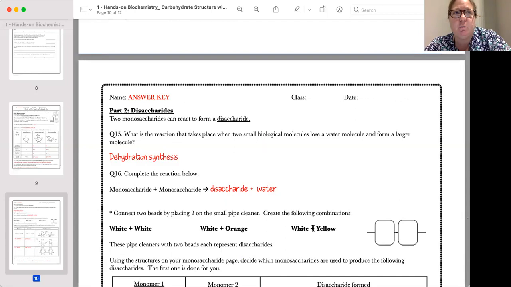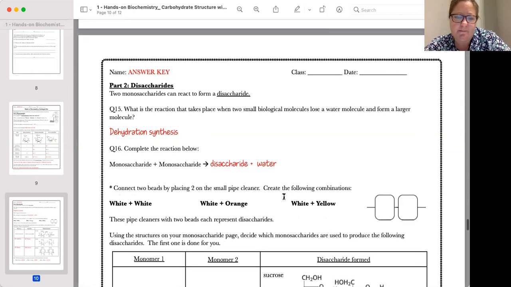Well, if you lose water in your body, we say that you're dehydrated. And if you lose water in a reaction, we say that it is dehydration synthesis. And so if you look at this reaction, it would be a monosaccharide plus a monosaccharide bonded together to make a disaccharide plus a water. A water is released or produced.